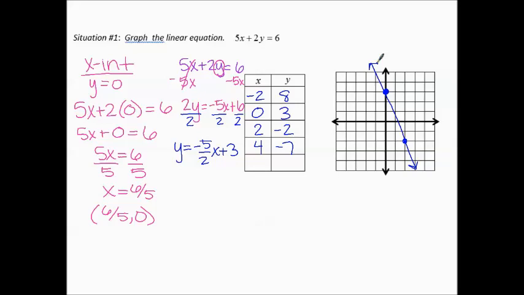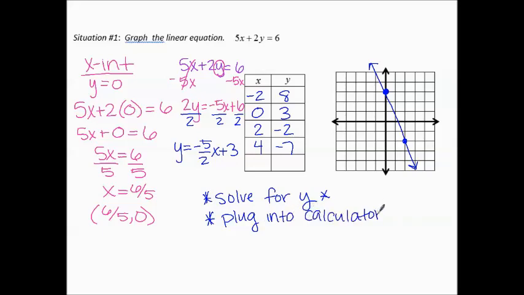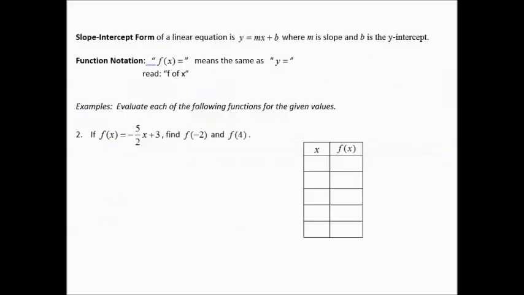So if we cannot use our x and y intercepts, the other strategy is to solve for y, and then plug into the calculator. Putting the equation in this format is known as slope-intercept form.